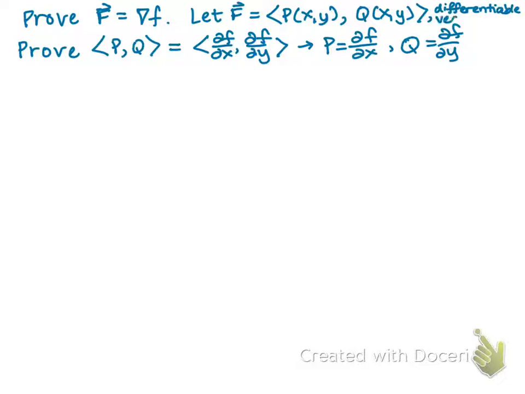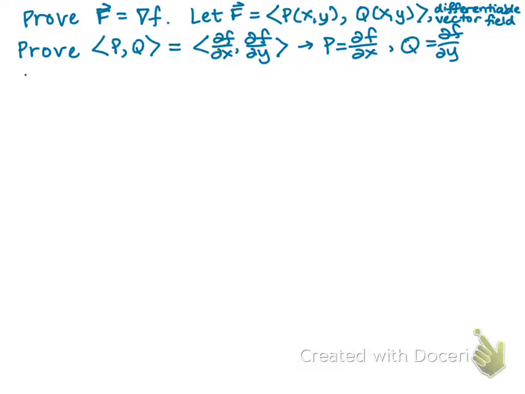All right, so let's prove this. F is a differentiable vector field. C is a curve going from 0, 0 to xy.